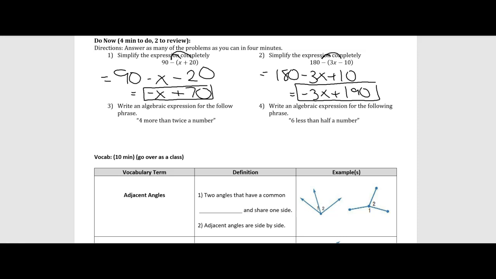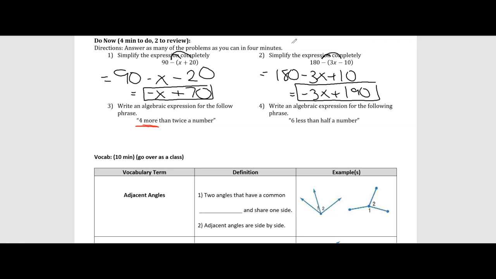Numbers 3 and 4 give us an expression, and we have to turn that into an algebraic expression. So the first one says 4 more than twice a number. So 4 more should indicate we need to add 4. And twice a number is 2 times some number.